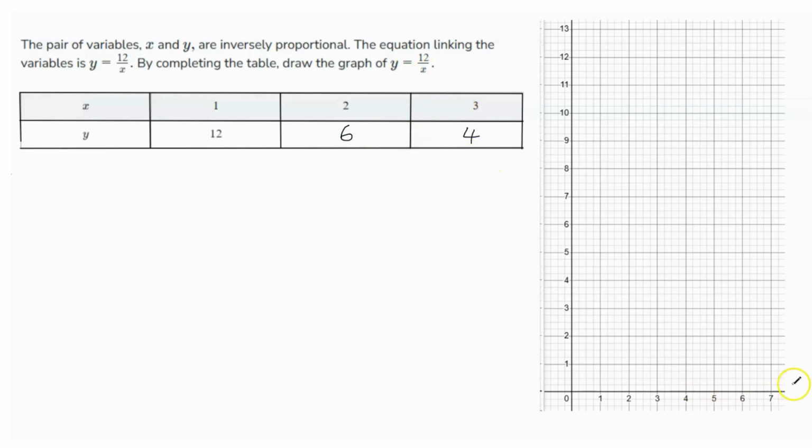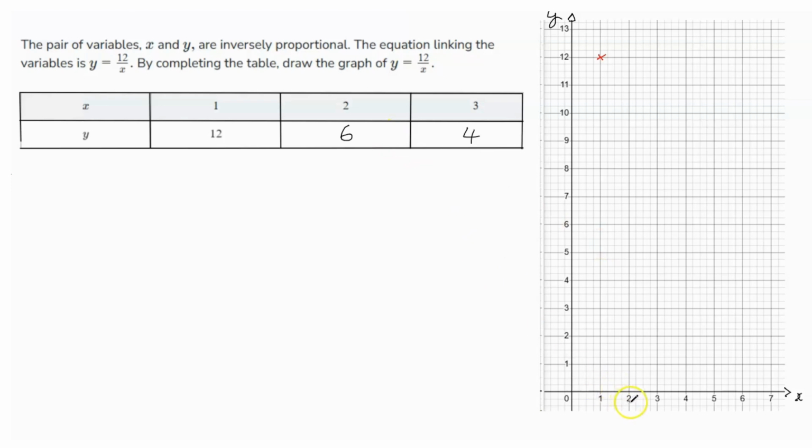Let us plot the points. First we need to label our axes. So this is our x-axis. And that's our y-axis. So our first point there is when x is 1, y is 12. So we identify 1 here and we go up to 12 and we plot our first point there.